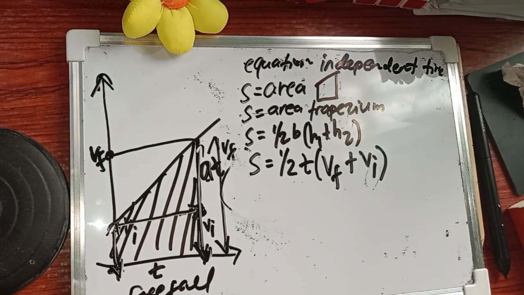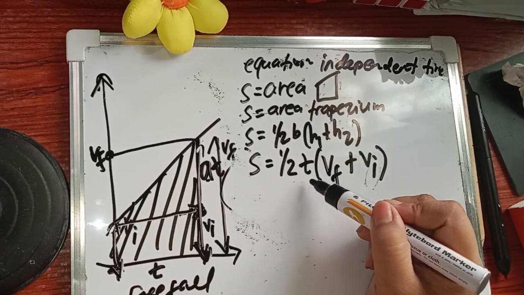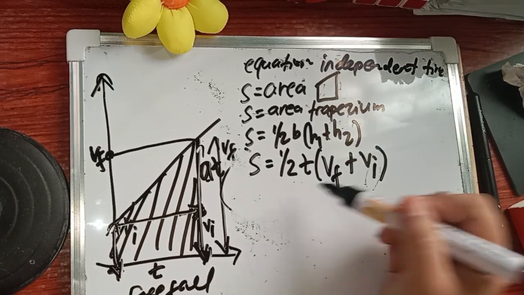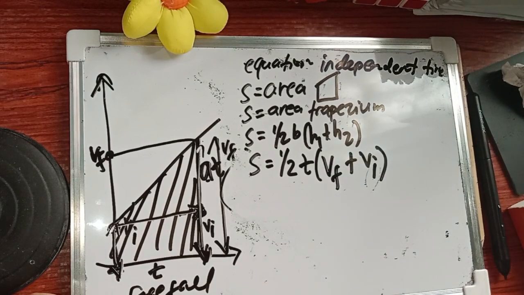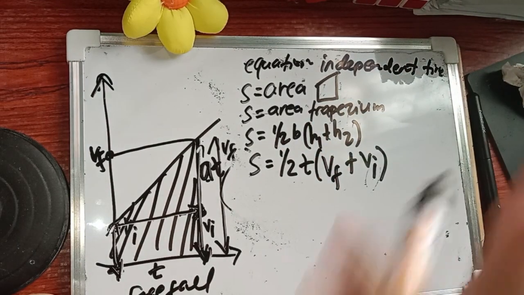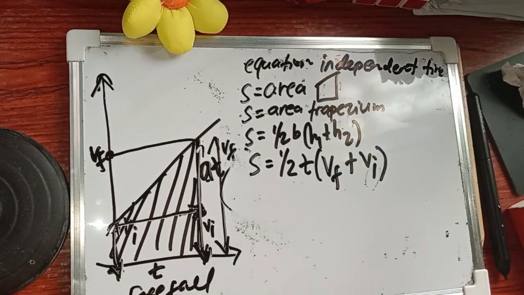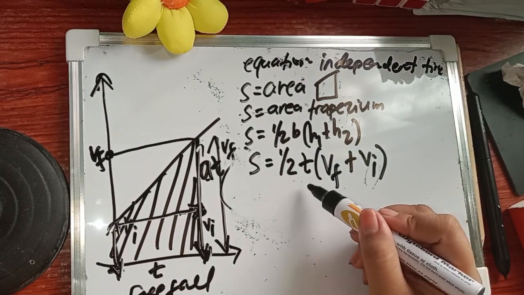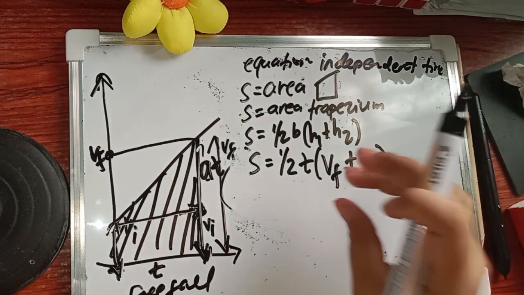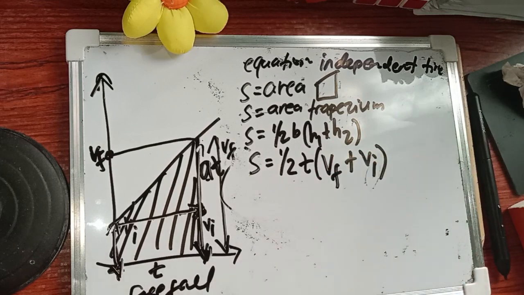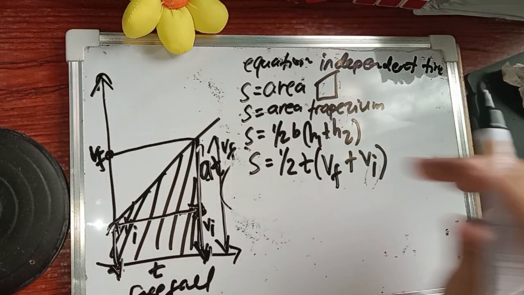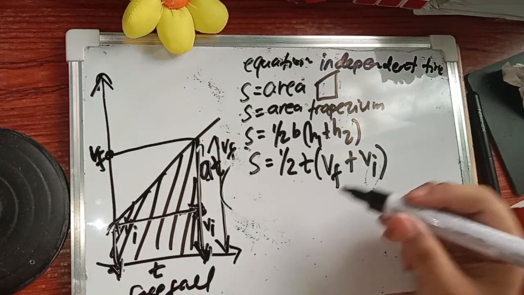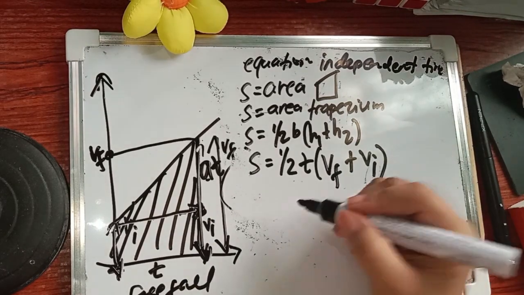And the next thing that you need to do, we still have the presence of time. We need an equation that is devoid of time, for problems where time is not involved. All right, so we have to eliminate this, and for us to eliminate that, we have to substitute a particular value for it. For that, we need to manipulate the equation of acceleration.